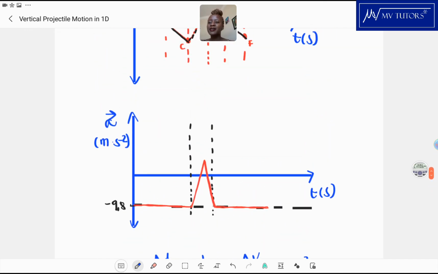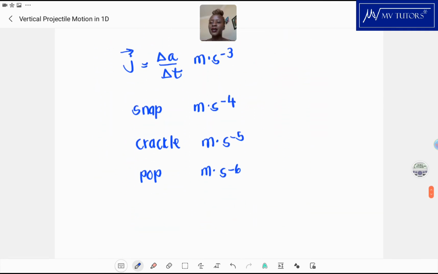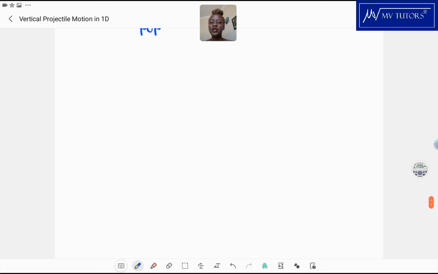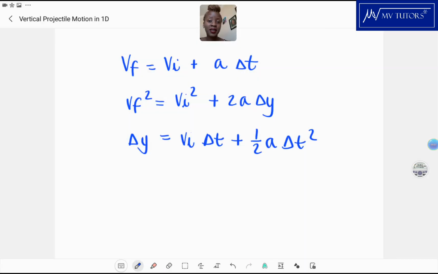Okay, so we've covered basically all the scenarios. The most important part now is that when you do calculations, you're going to use the equations of motion, but these equations of motion are going to be for the vertical direction. I'm just going to write them down quickly. So these are the equations of motion. It is so important that you decide whether you're going to take upwards as positive or downwards as positive, because it affects your acceleration.